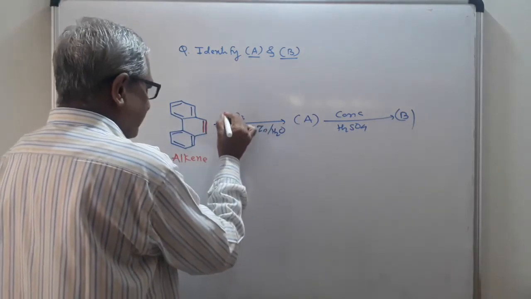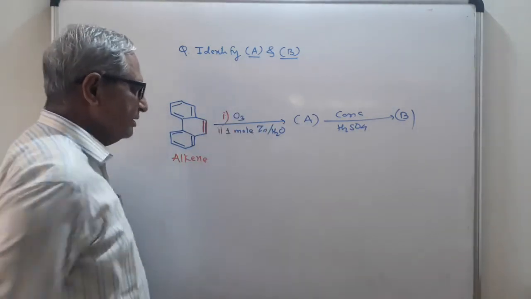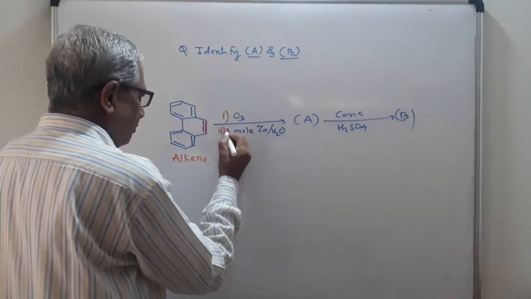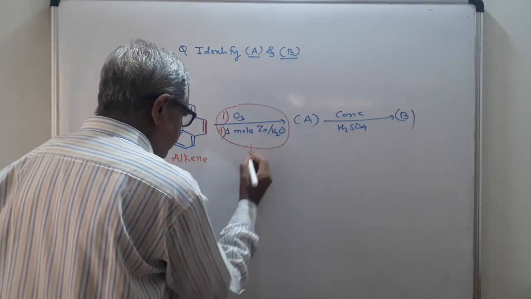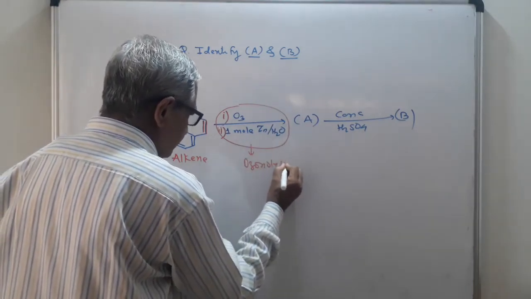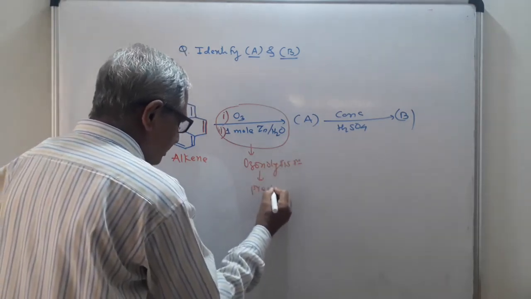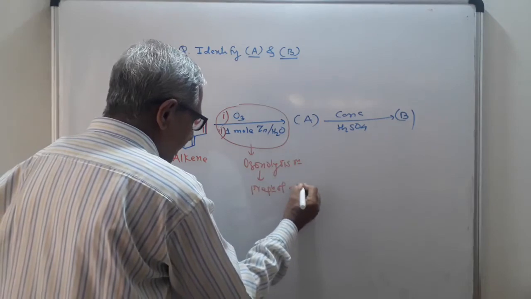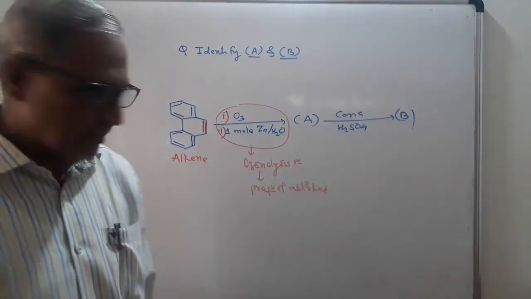The first step is a reaction with ozone. Second step, reaction with zinc and water. This indicates this is nothing but an ozonolysis reaction, and we learn this under the title preparation of aldehyde and ketone by ozonolysis of alkene.